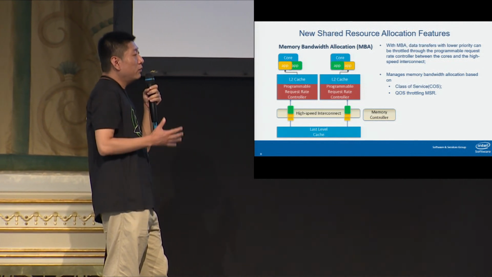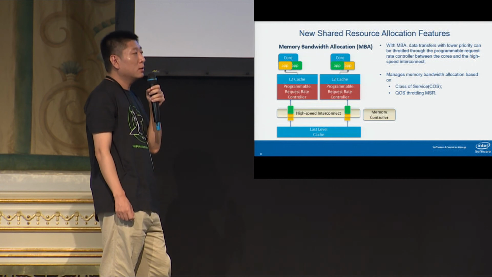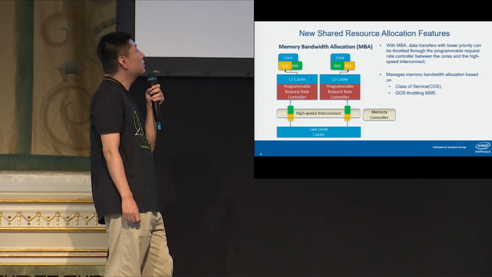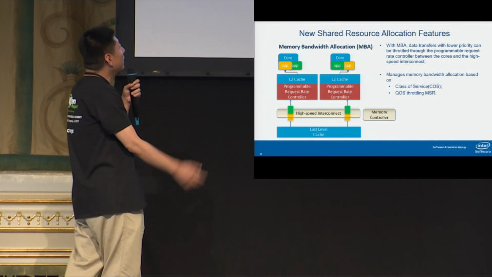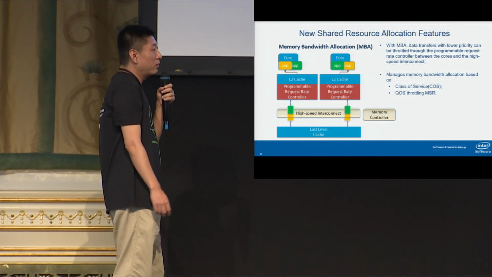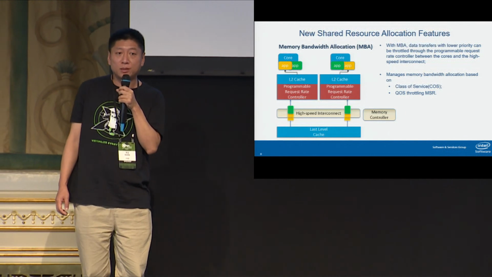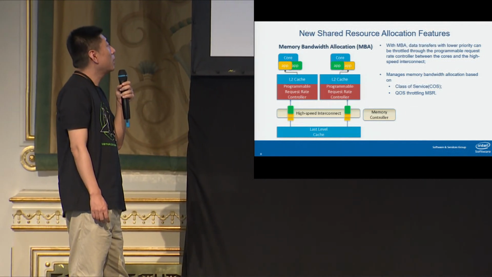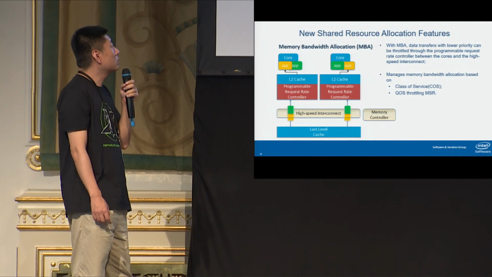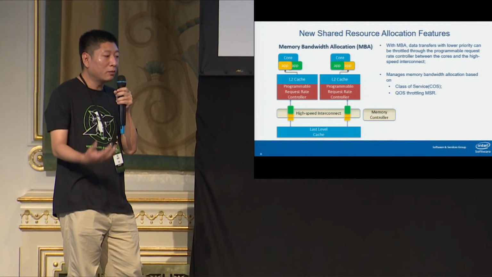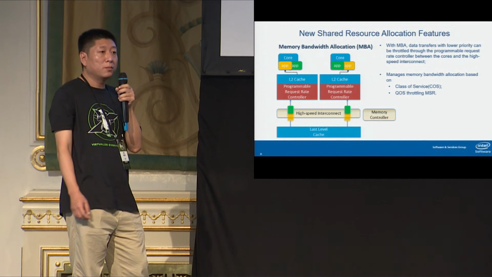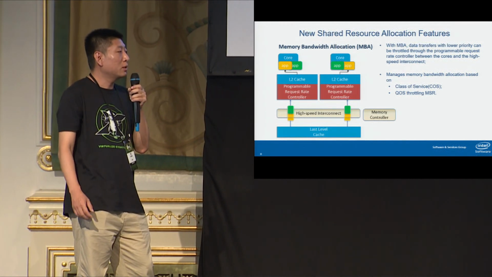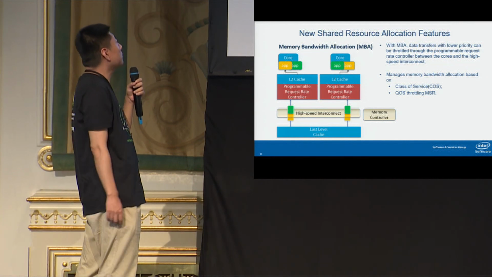So if a throttling MSR is configured, for example, to 50, that means the memory bandwidth should be performed as 50% of the maximum memory bandwidth. MSRs configured with something other than a multiple of 10 will in such a case be rounded down to the nearest multiple of 10.